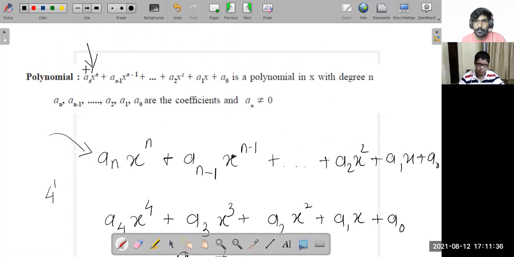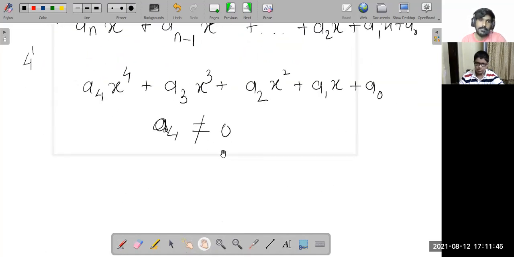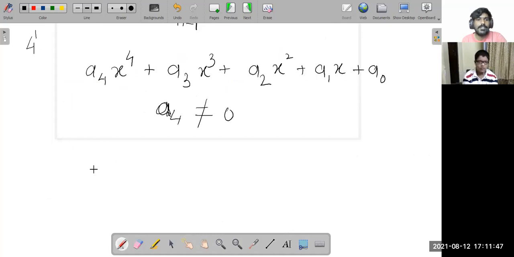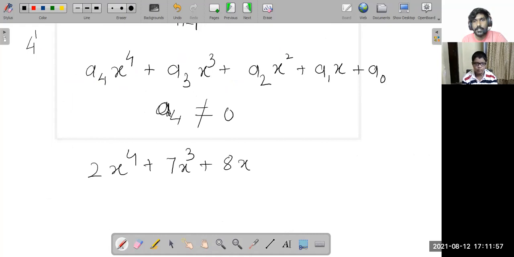Could you, instead of a and x, give me a numeric representation? Numeric is simple. It will be any number. Suppose 2x raised to 4 plus 7x cube plus 8x square plus 4x plus 9 equal to 0.